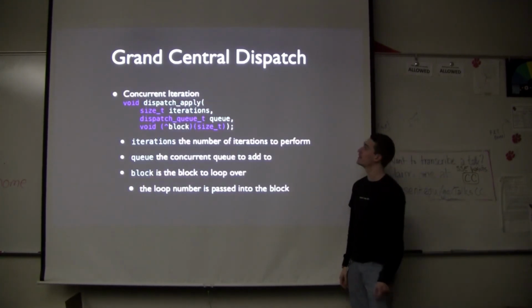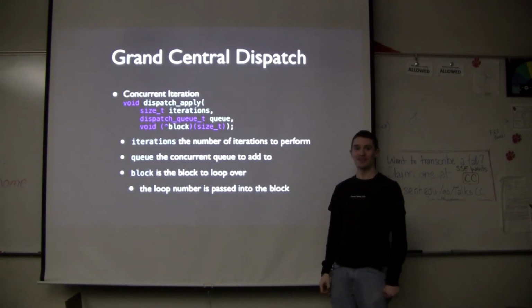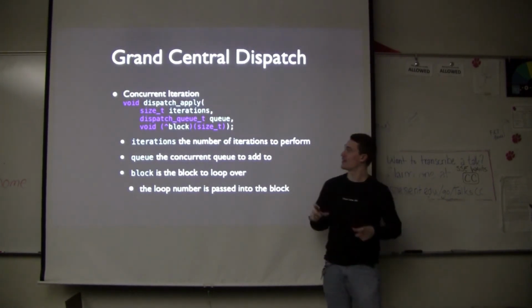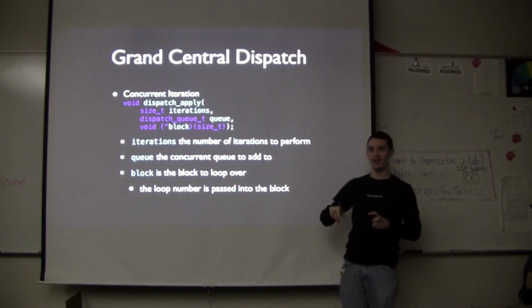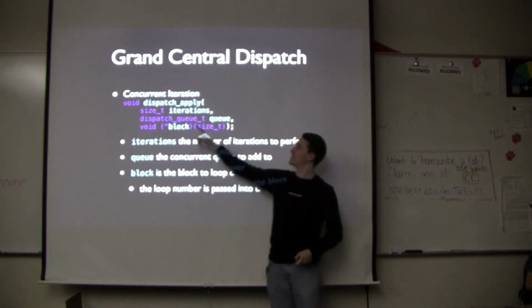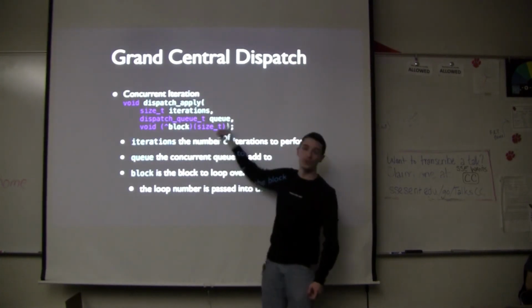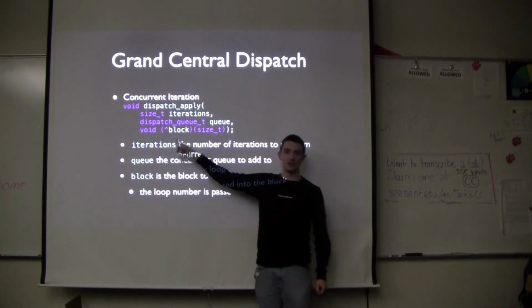Okay. You can do some really cool stuff, like do a concurrent iteration over some block of code with Grand Central Dispatch, and this is why you would want to use concurrent dispatch queues. So you would do dispatch apply, which takes in the amount of iterations that you want, the queue that you want to add the blocks to, and the block that you want to iterate over.